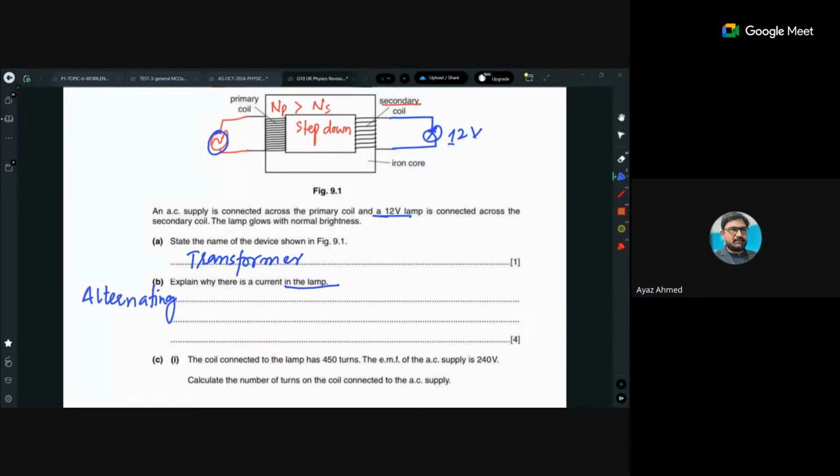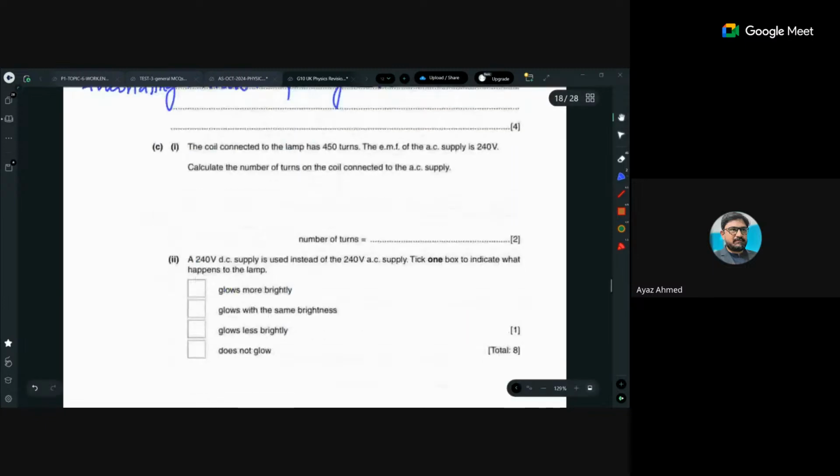Alternating current in the primary coil. You will have to remember this. There's no trick for this one. It causes an alternating magnetic field. This is actually a comprehensive theory part.